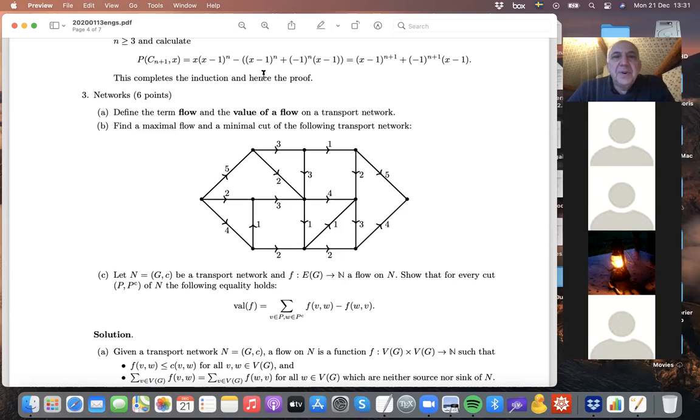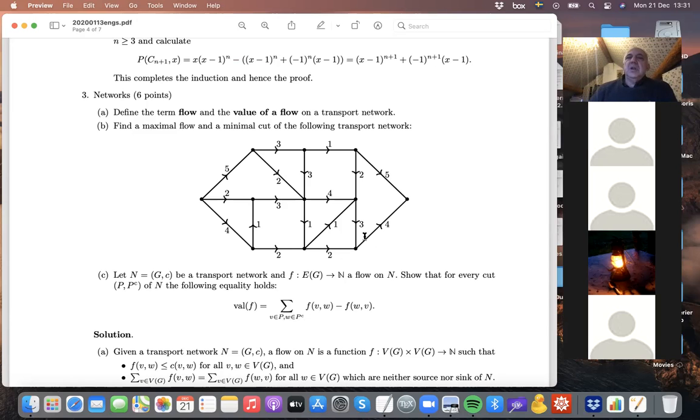You will have to define the term flow and the value of a flow in a transport network. So I have to recall what a transport network is. It's a directed weighted graph, like here.